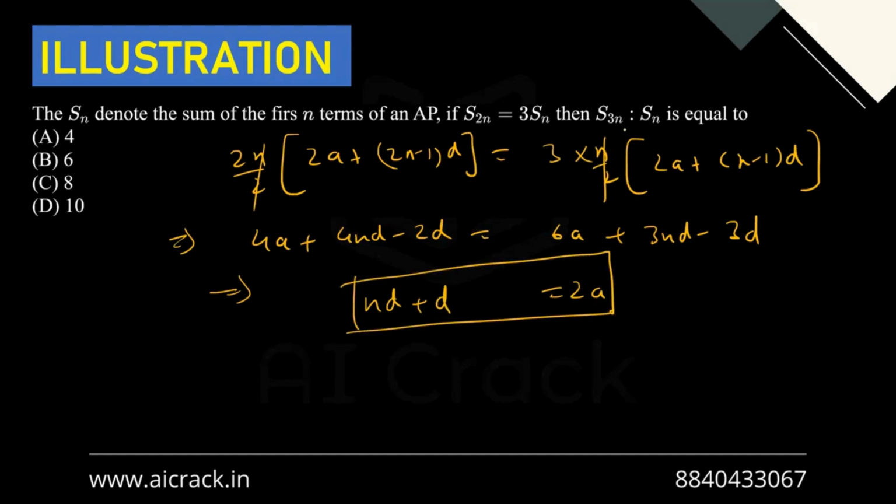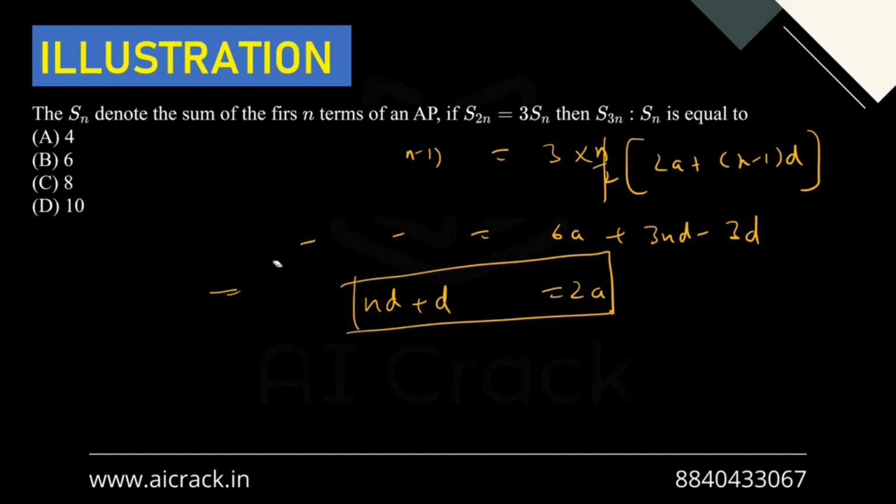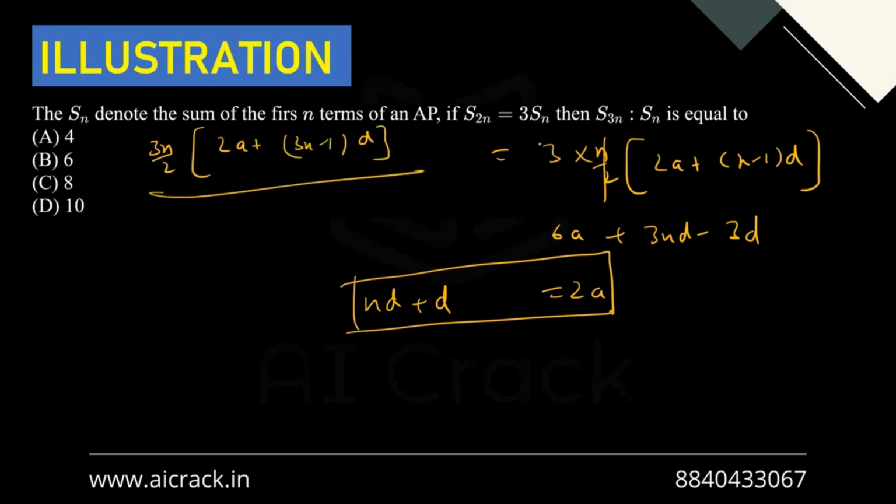Now we have to find S3n is to Sn. S3n would be 3n by 2 times (2a plus (3n minus 1)d), and Sn would be n by 2 times (2a plus (n minus 1)d). Now n by 2 gets cancelled out.